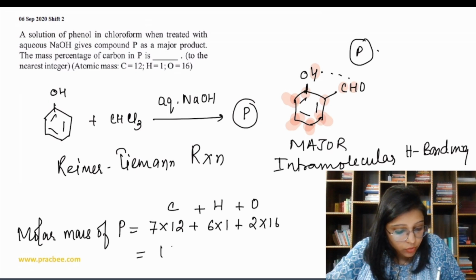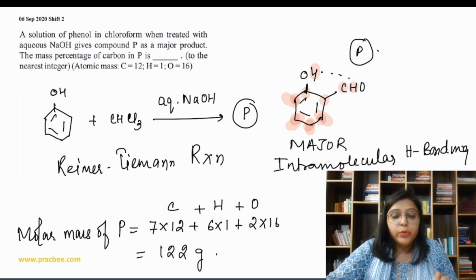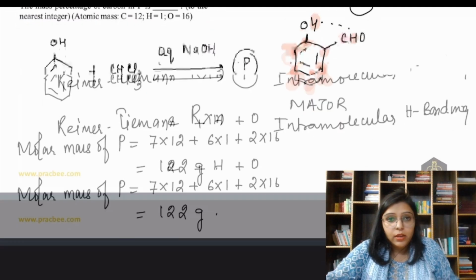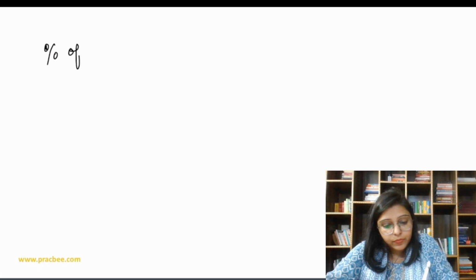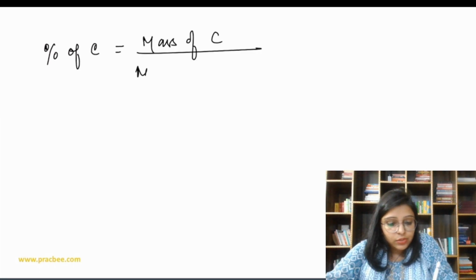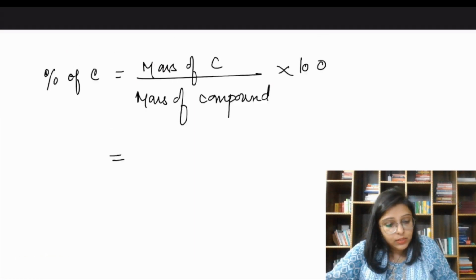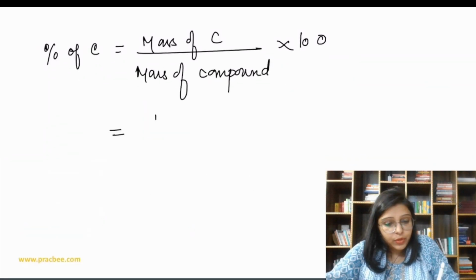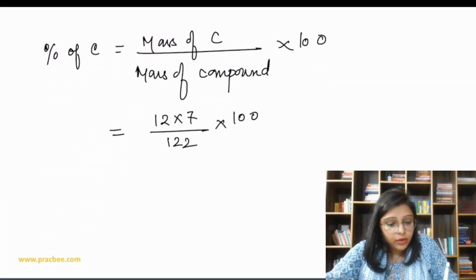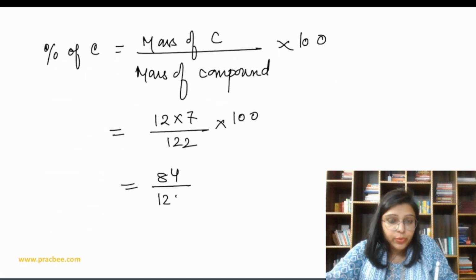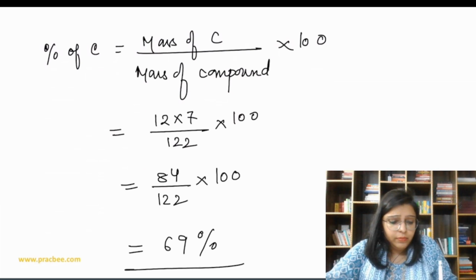When you calculate this, you get 122 grams. Now the percentage of carbon is the mass of carbon divided by the mass of the compound into 100. So the mass of carbon is 12 into 7, which is 84 upon 122 into 100. Solving this, you get 69%.